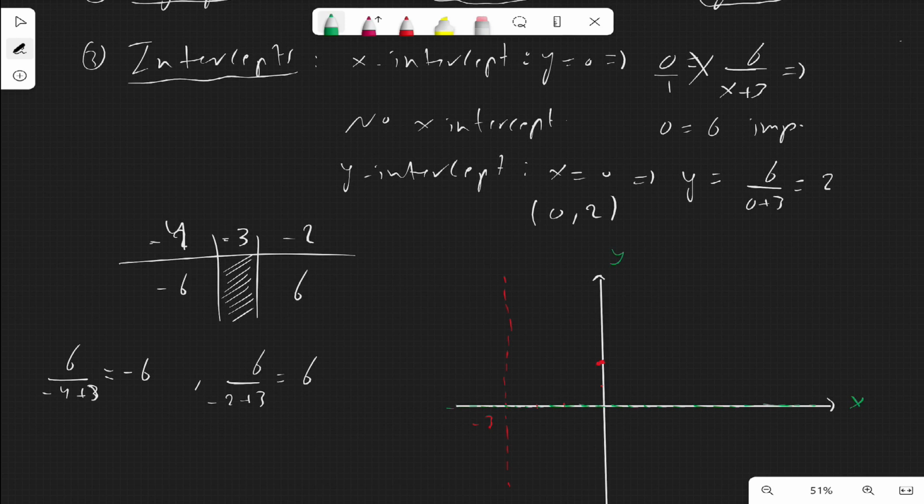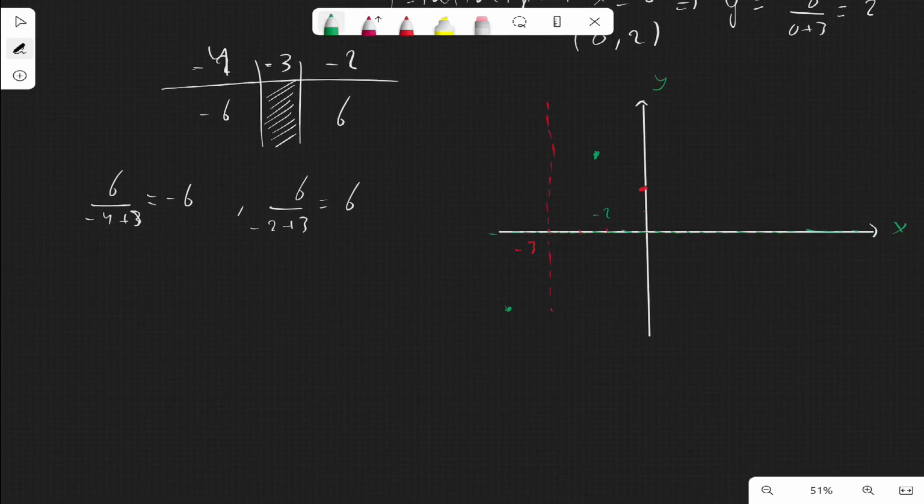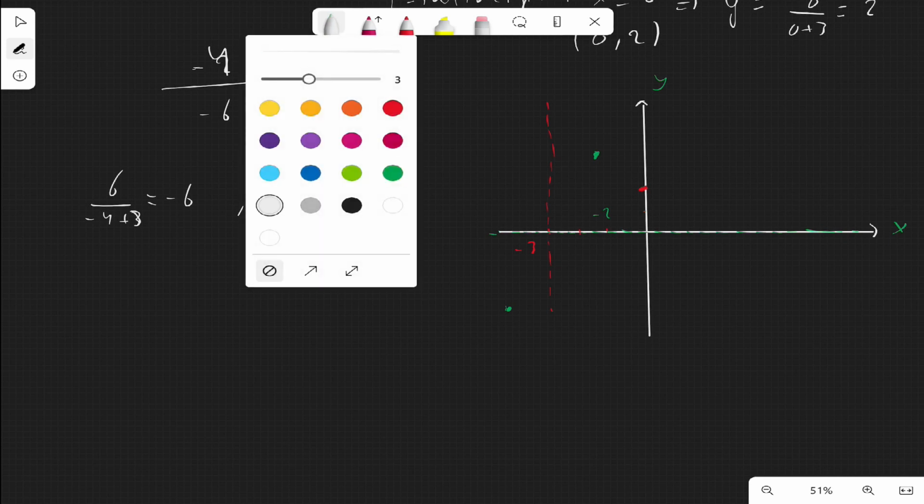-4, -6 is here. -2 and +6, let's say here. The two branches, let me extend.